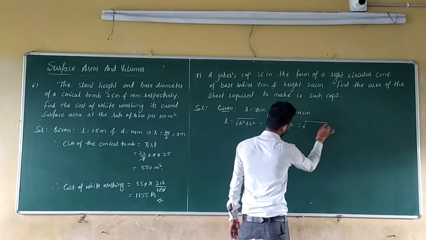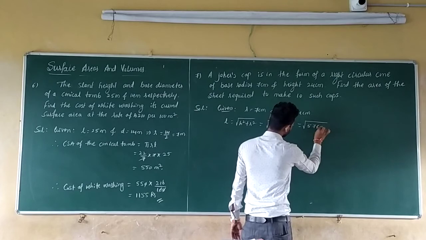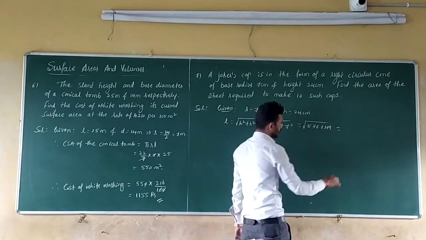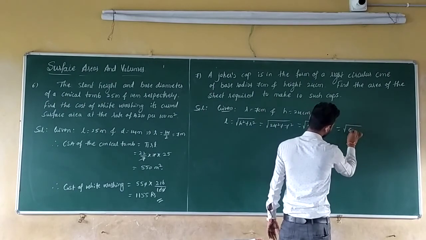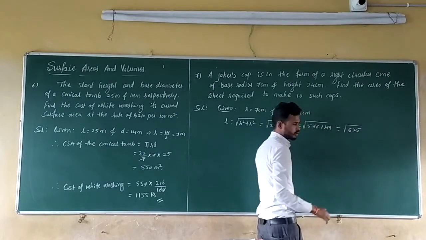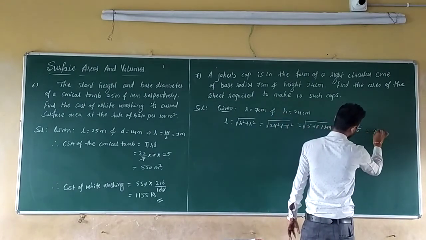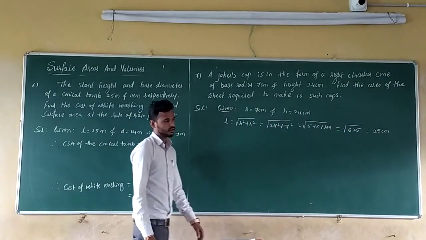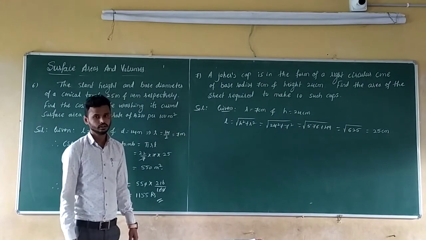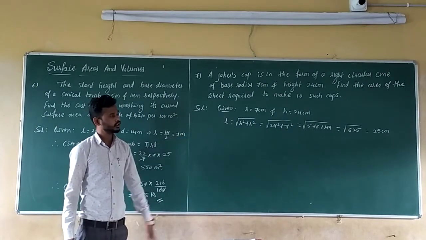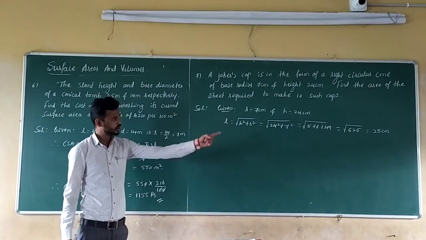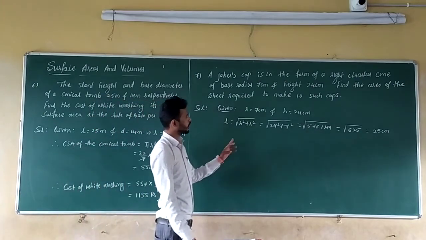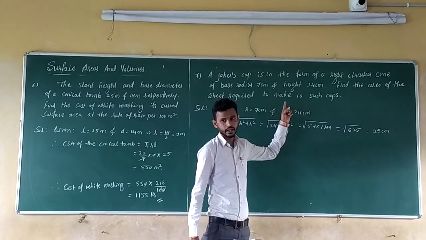So 24 square is 576 plus 7 square is 49. So 576 plus 49 is 625. What is the square root of 625? 25 centimeter. So the slant height of the cap is 25 centimeter.